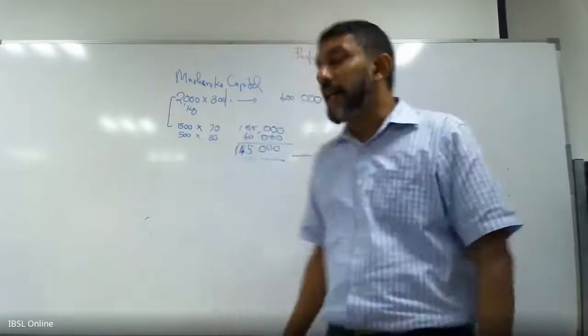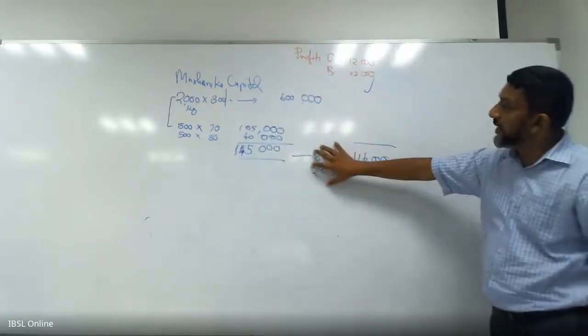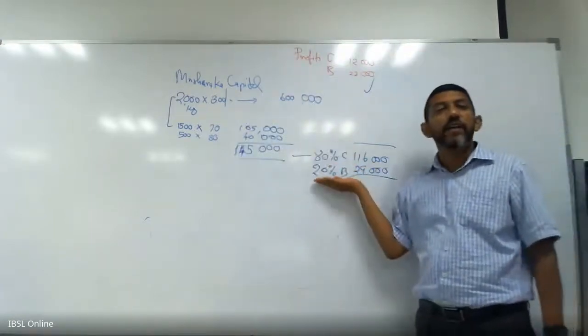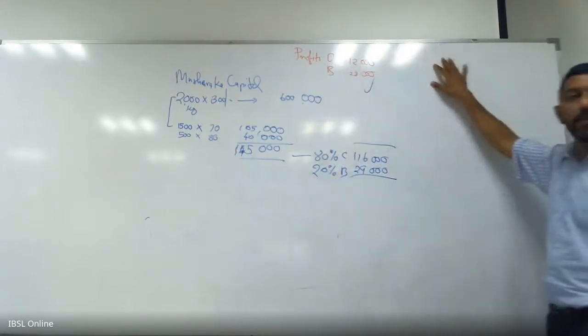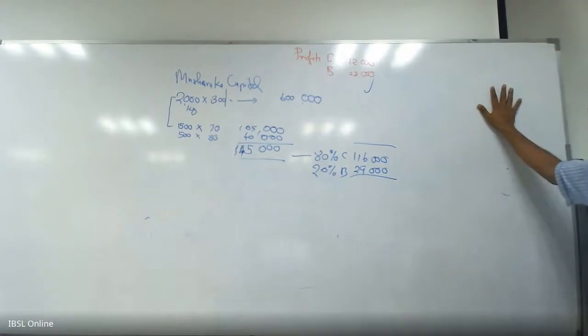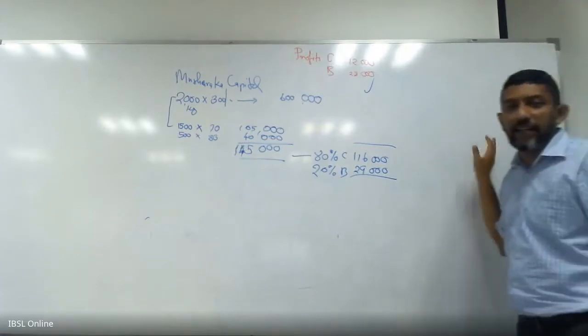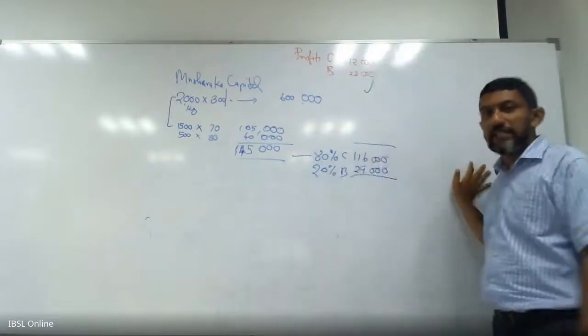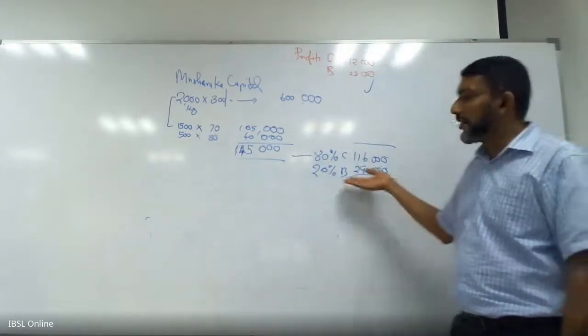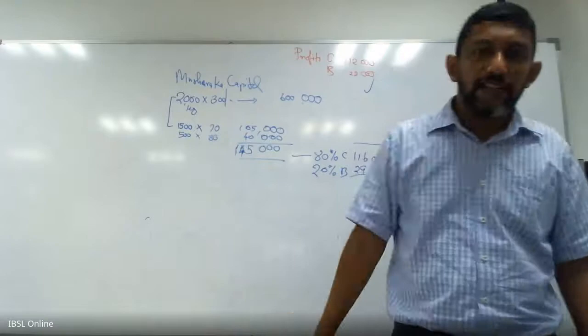Now here the question tells us what rate to use, right? Earlier we calculated the rate to be used based on the profit sharing ratio. Now the question doesn't use that ratio, obviously, because some smart people will try to use this ratio as the answer for the first question.